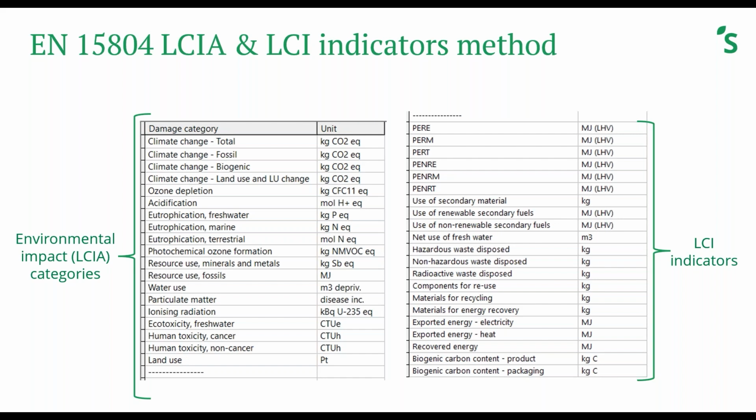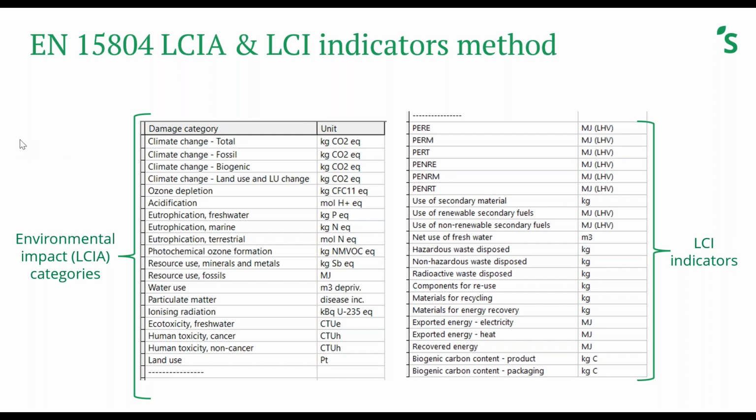It is the environmental impact categories that are really an indication for the environmental impact. The indicators might of course also be an indication for environmental impact, but they are a separate category of indicators, and not necessarily one-on-one connected to environmental impact.